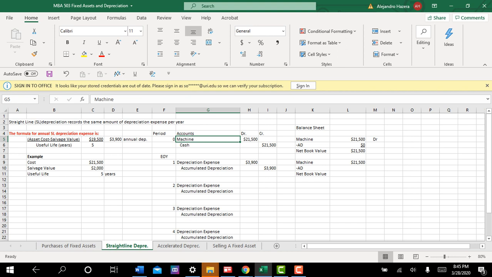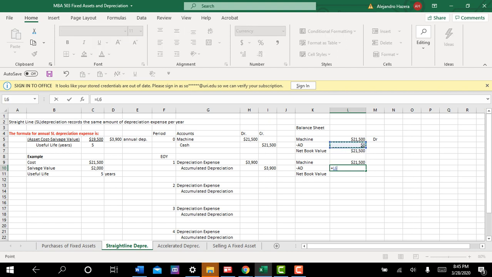The account that does change is going to be accumulated depreciation. Accumulated depreciation is going to be equal to last year's accumulated depreciation, which in this case was 0, plus the credit to accumulated depreciation this year.